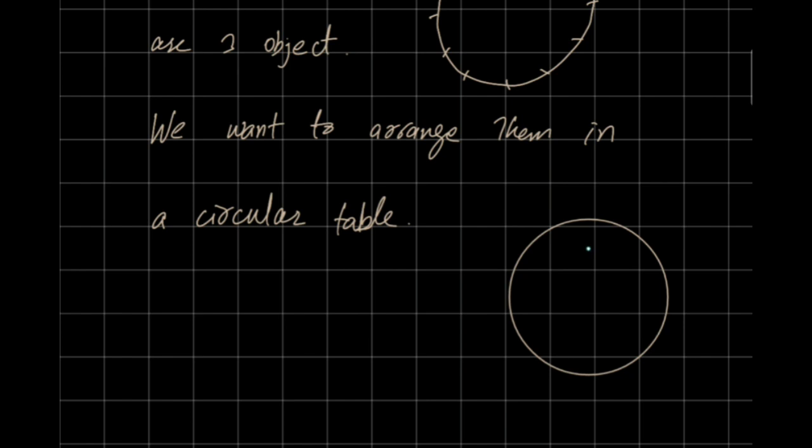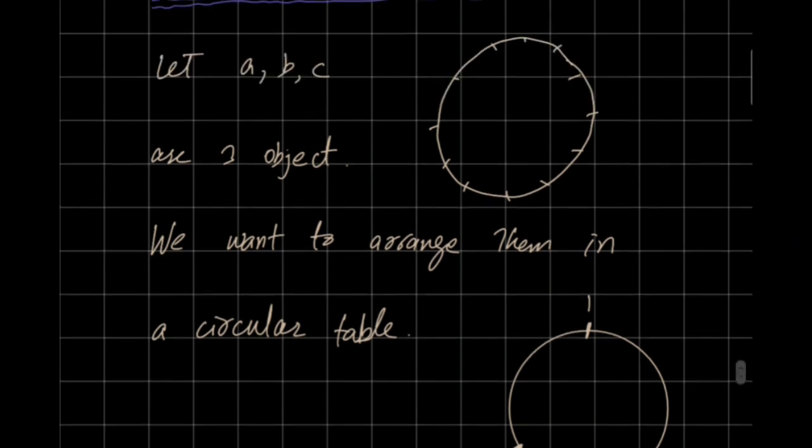Suppose it has this chair, this chair, and this chair. First assume that this is chair 1, this is chair 2, this is chair 3. We have three slots, and there are three elements to arrange: A, B, C.